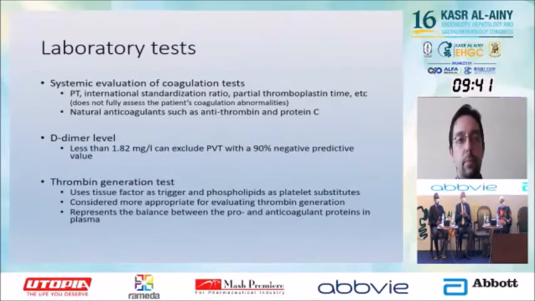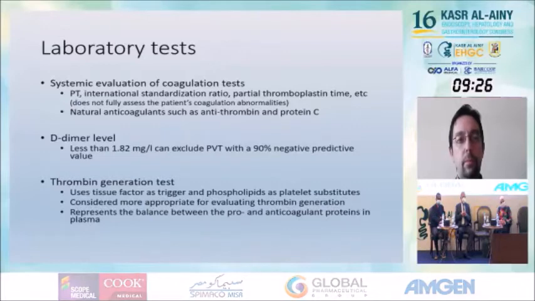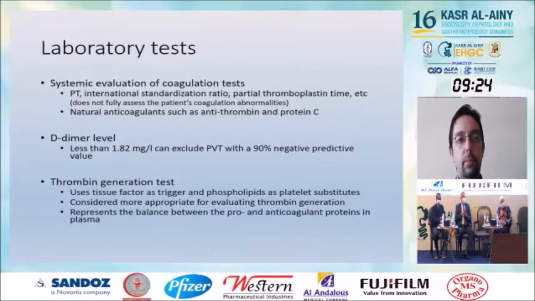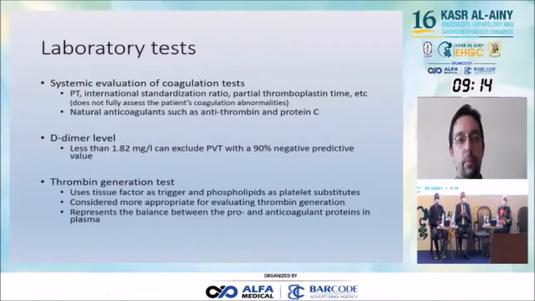Laboratory tests include systemic evaluation of coagulation tests such as the prothrombin time, the INR, and partial thromboplastin time. They don't fully assess the patient's coagulation abnormalities, so we can add natural anticoagulants such as antithrombin 3 and protein C. A D-dimer level less than 1.82 was found to exclude portal vein thrombosis with a 90% negative predictive value.